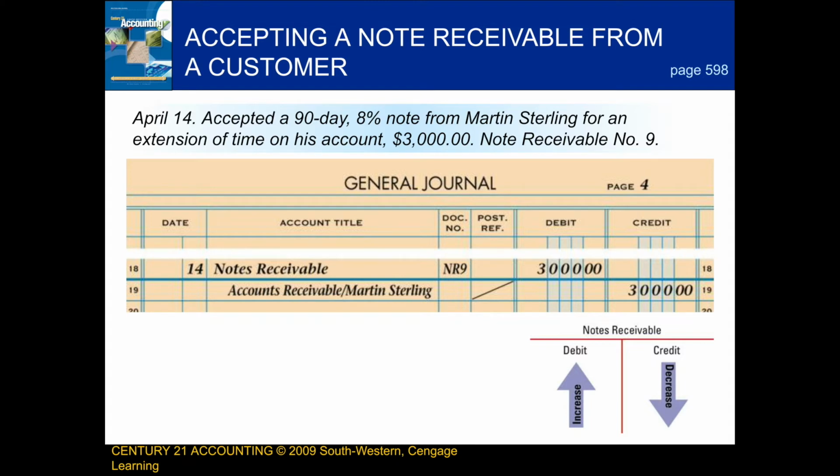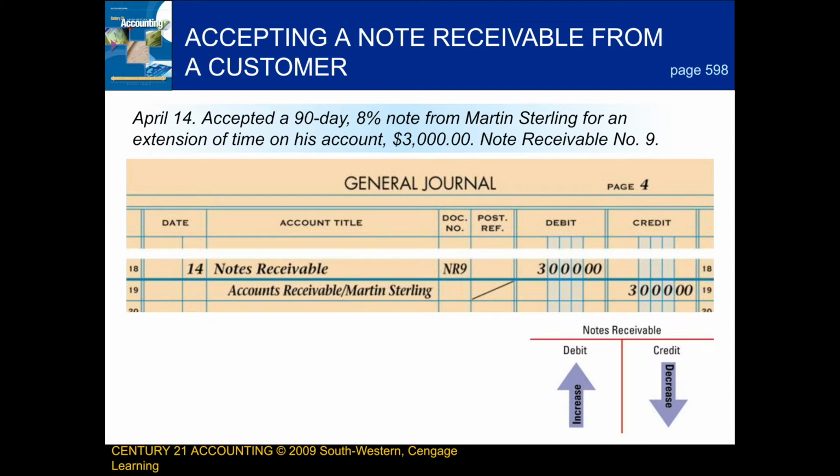First, we write the date, which is April 14th, in the date column. Next, we write the first account title, which is notes receivable, in the account title column. After that, we write the source document, which is NR 9, in the document number column. Following that, we record the amount, which is $3,000, in the debit column.